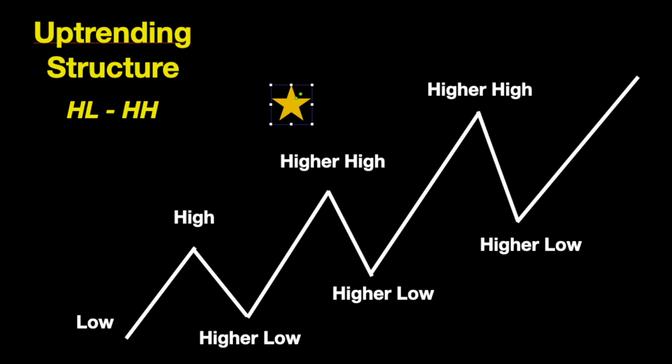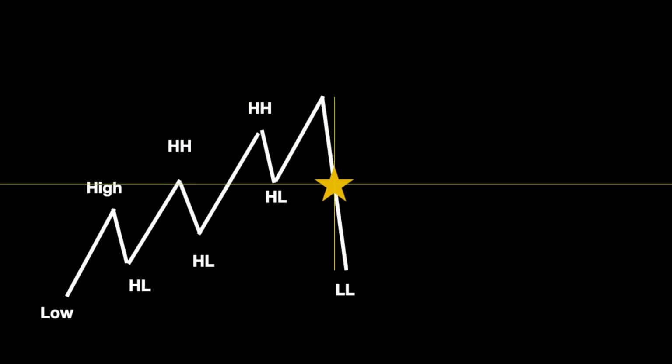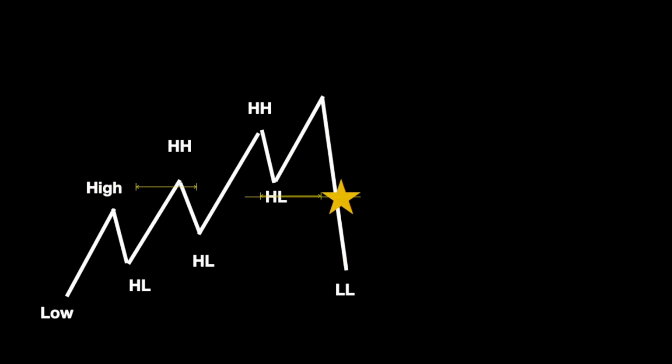Then with a displacement, you'll see that one of these pivot points might be this one, it might be this one, it might be all of them, somebody's going to get a break. There's going to be a break in the structure.